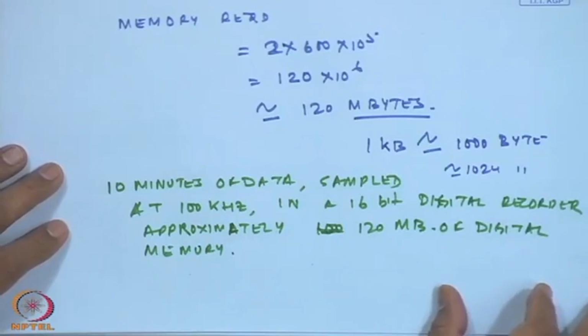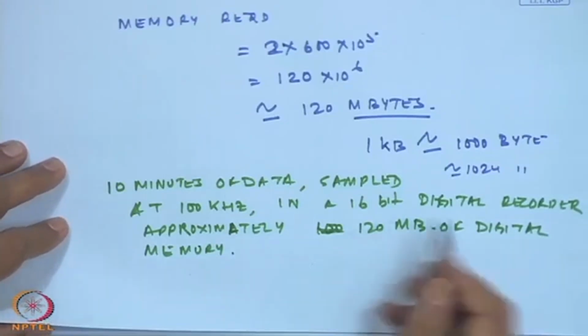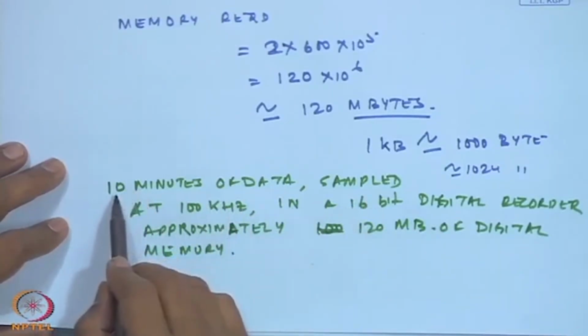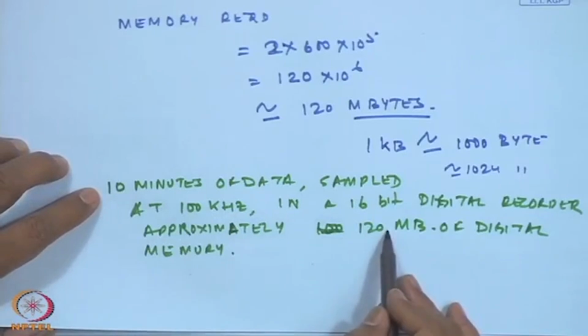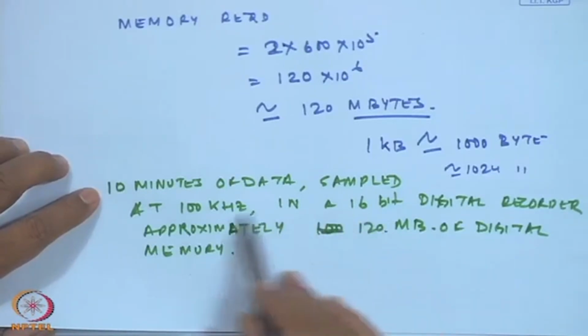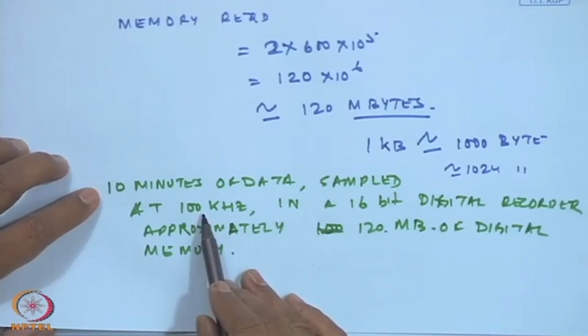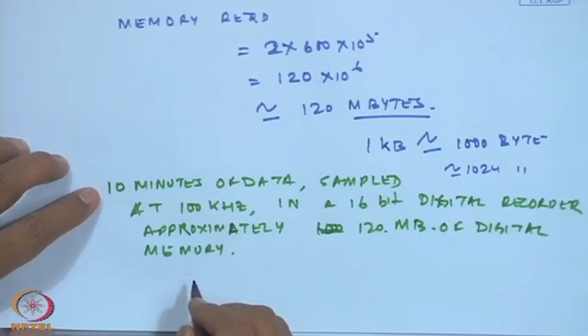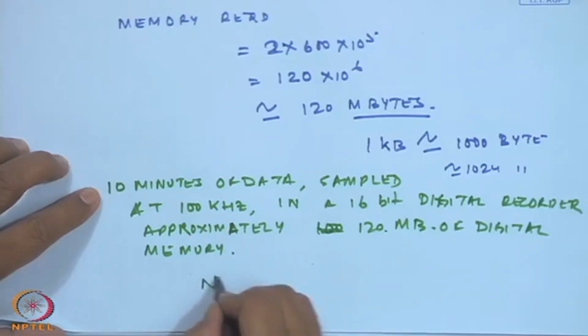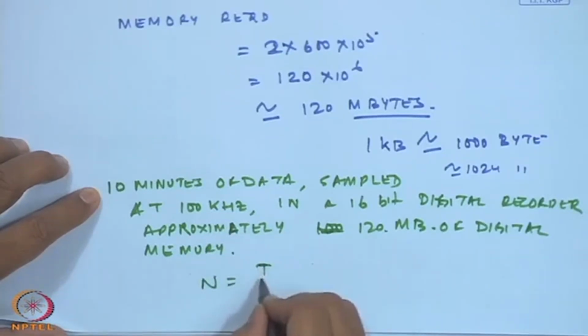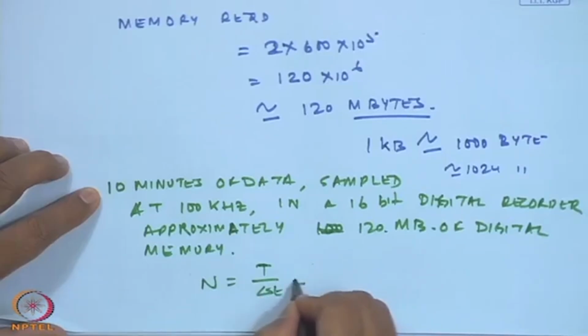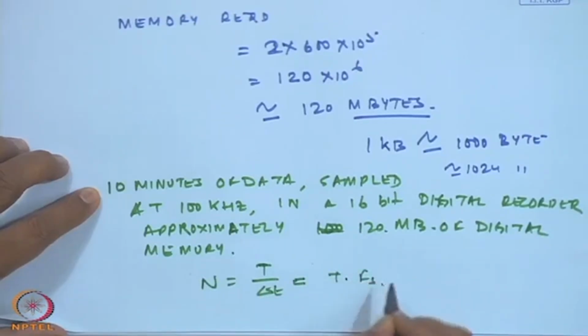Now, if instead of 10 minutes you want 100 minutes, there will be another extra 0 coming here. If you want to sample at still higher frequencies, because N is equal to T by delta t, or T times Fs, if your sampling frequency is increased, N would increase.